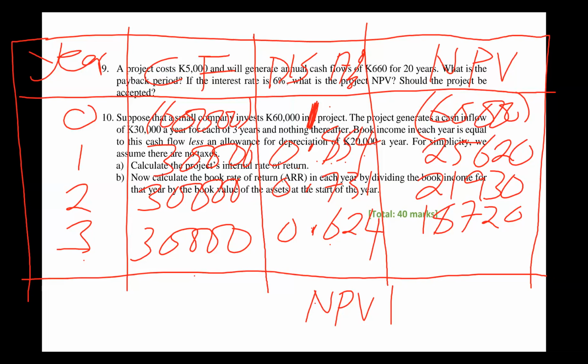It's giving me 6,270. Yes, 6,270. Negative or positive? Positive.